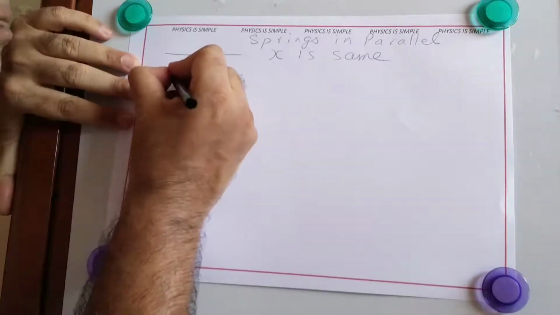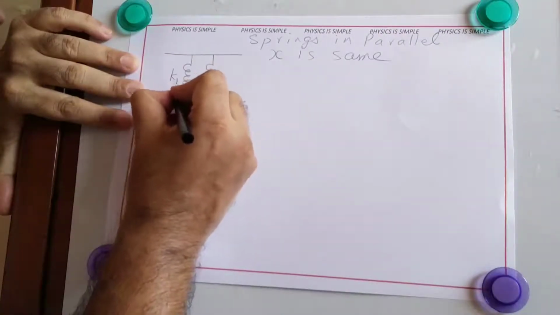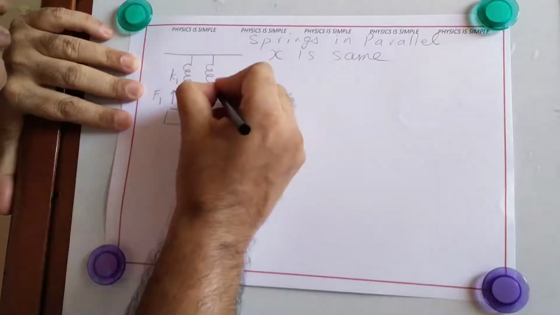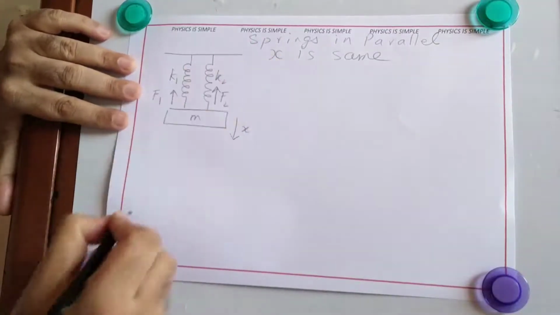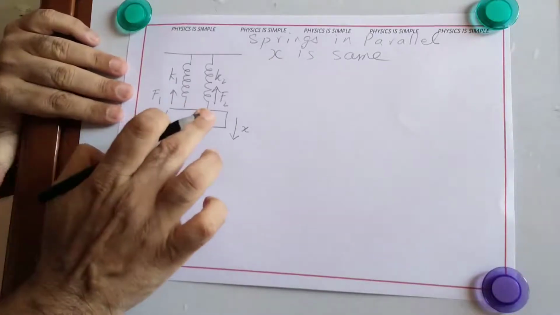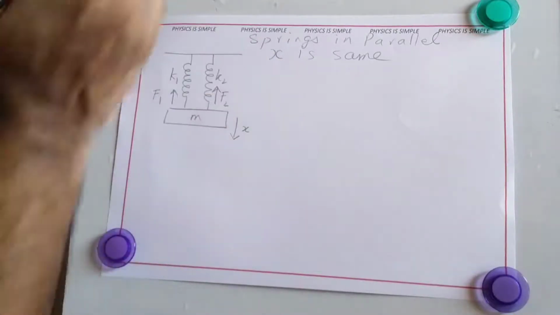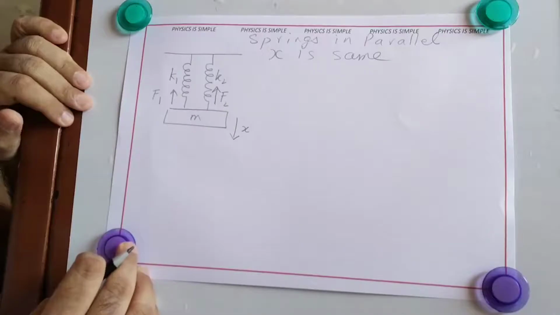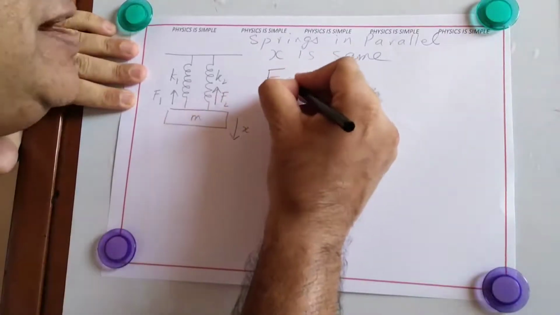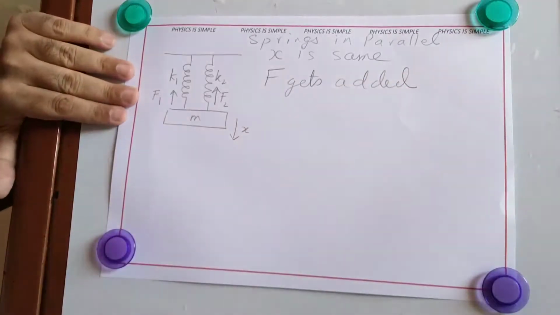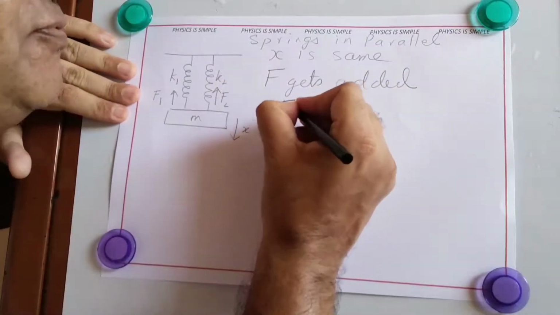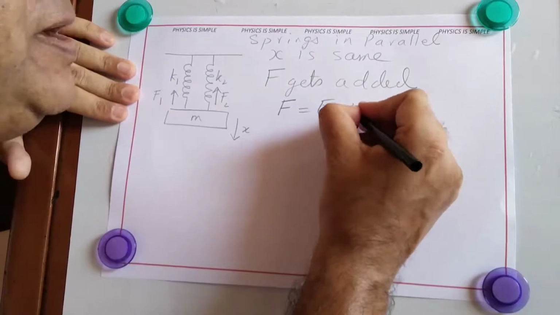Now this spring will exert a force upward F1, this spring will exert a force F2 upwards. So therefore, the net force on this mass in the upward direction will be F1 plus F2. So F gets added. So when springs are in parallel, F gets added. And this F is equal to F1 plus F2.